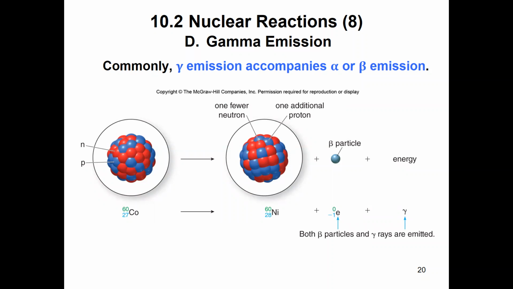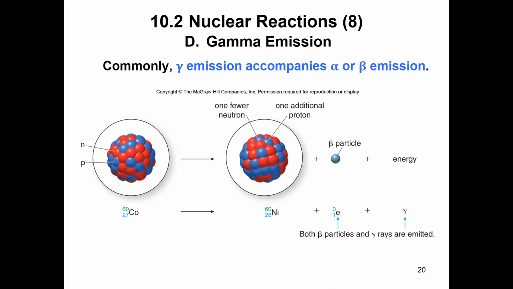So cobalt changes into nickel-60 and a beta particle, which is a high energy electron, and gamma rays. So both beta particles and gamma rays are emitted during this decay of cobalt-60. Cobalt-60 is used in external radiation treatment for cancer.